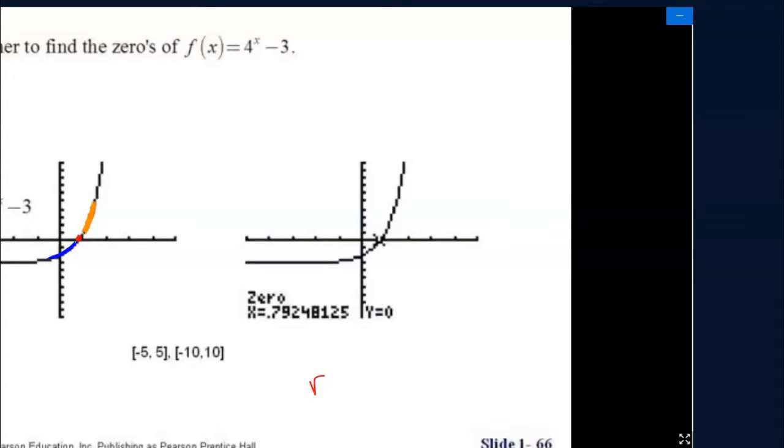So if the range of a normal exponential is 0 to infinity, what's my new range, Brooke? Yeah, it would be -3 to infinity, not including that -3. Does my domain change? No. Still -infinity to infinity.